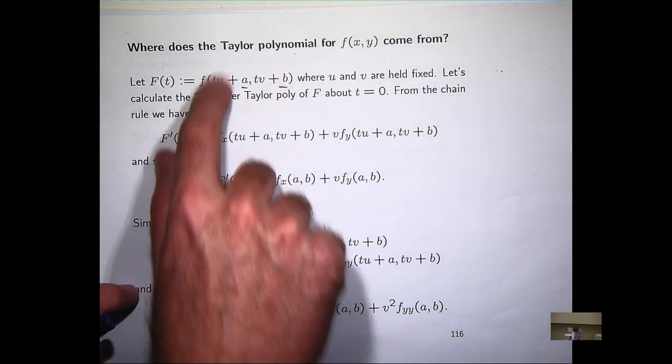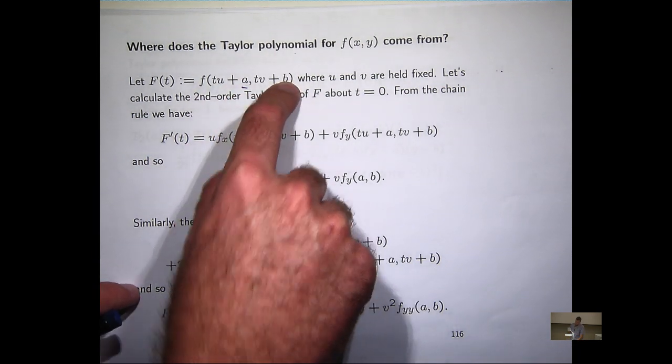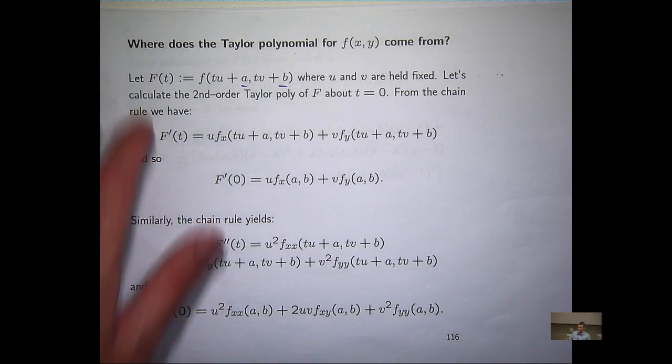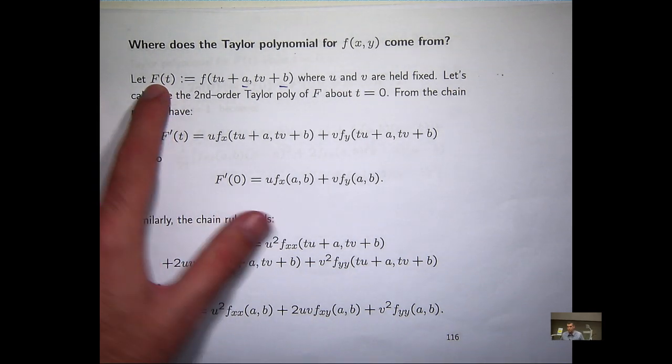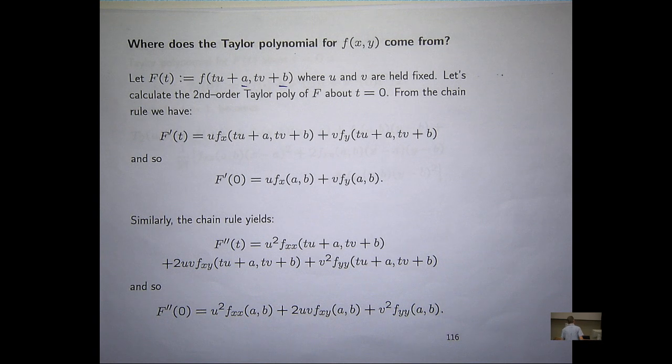Essentially you're just changing f to include these a plus tu and b plus tv. Now think of little t as the variable, a and b is the point of interest, and u and v are just being held fixed. Now, because ultimately this is a function of one variable, I can calculate its Taylor polynomial about, say, t equals 0.